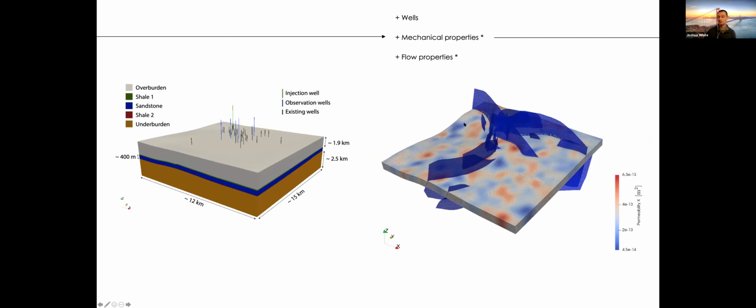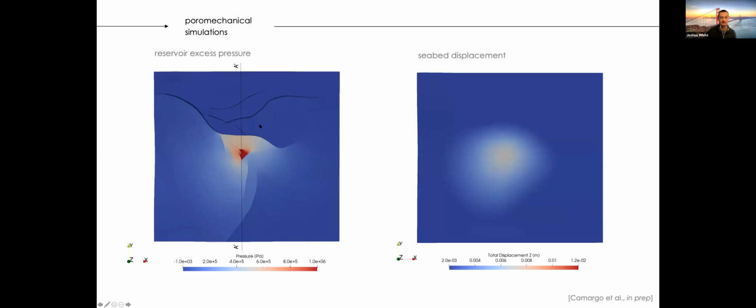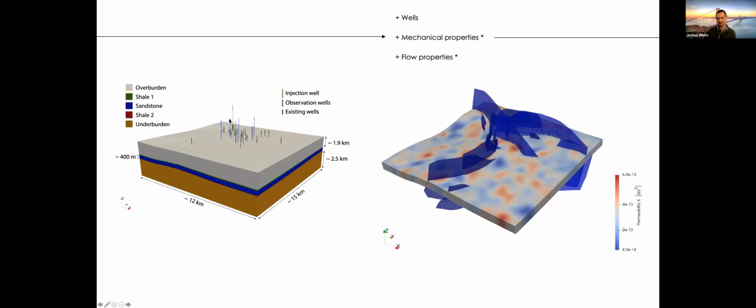Then once we have that grid, we populate it with wells, so we have various wells, injection wells, observation wells, and so forth. We typically break it into different units: overburden, shale, sandstone, and so forth. We then populate it with properties. The big ones we need to know are the porosity field, the permeability field, and the elastic moduli, so bulk modulus and Poisson ratio.